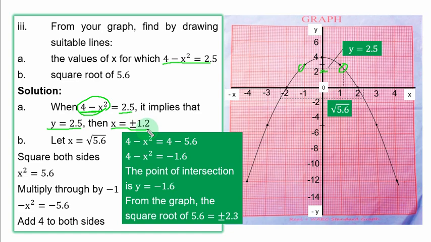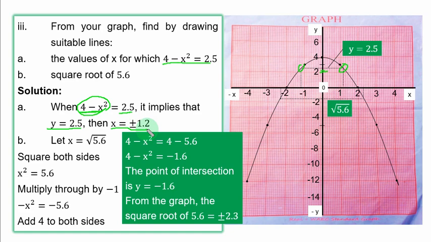Then b, square root of 5.6. So you have to adjust 5.6 to look like the equation you have plotted. You can only use the graph you plotted to solve any equation that must be 4 minus s squared on the left hand side.